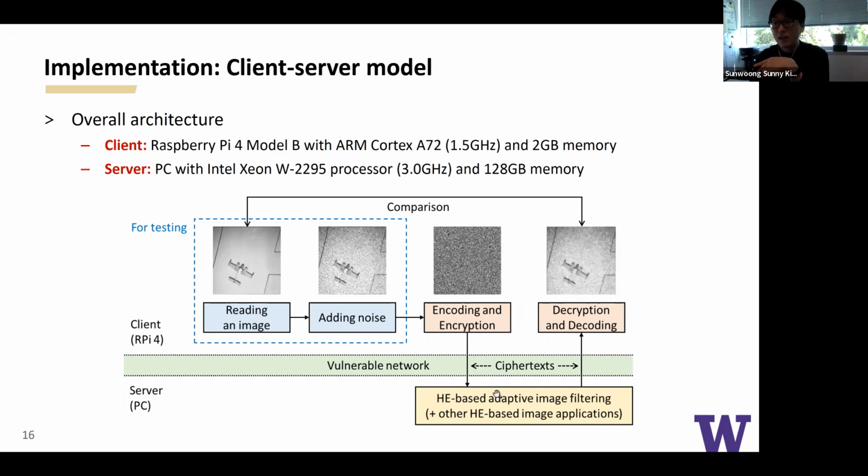Actually, in Sharmila's thesis, another homomorphic encryption-based image processing application follows. But anyway, the resulting ciphertext is sent back to the client side. And after decryption and decoding, we can see the final denoised image. And to check the image quality, the denoised image was compared with the original clean image.